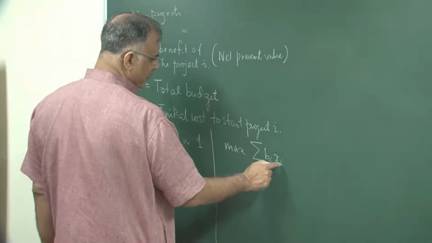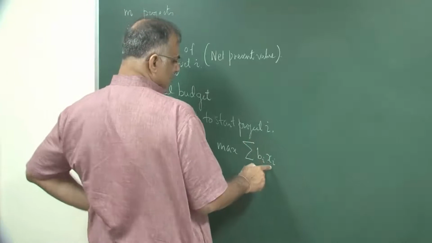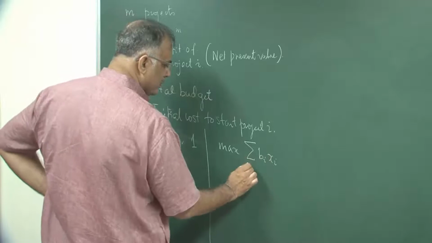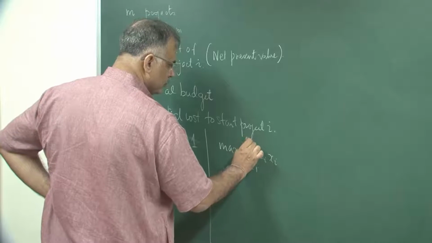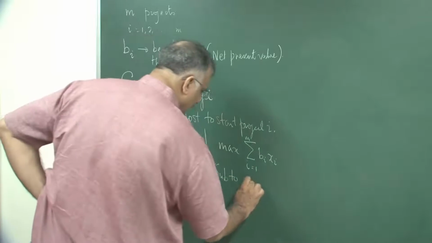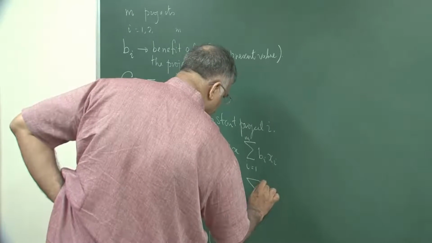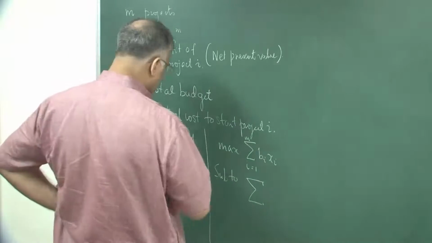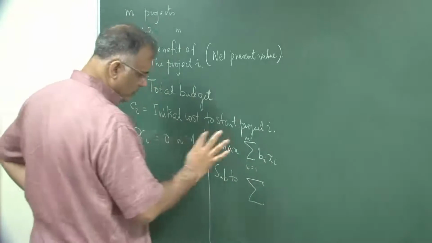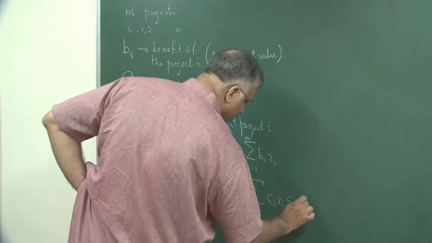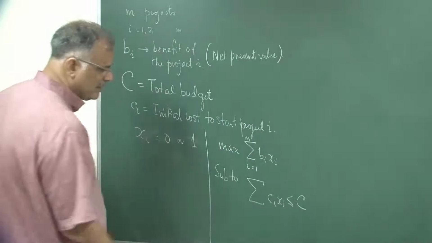If project i is selected, it gives me a benefit Bi. If project i is not selected, it gives me a benefit 0. Subject to the fact that if project i is selected, I have to pay Ci, and if it is not selected, I do not have to pay anything. So again Ci xi, but this cost cannot exceed C.